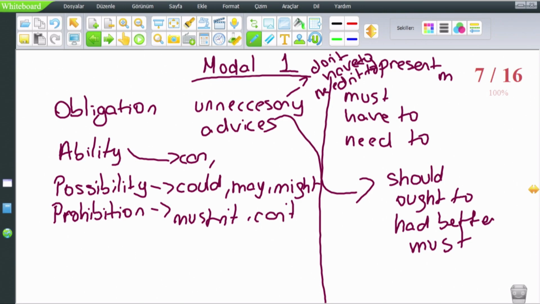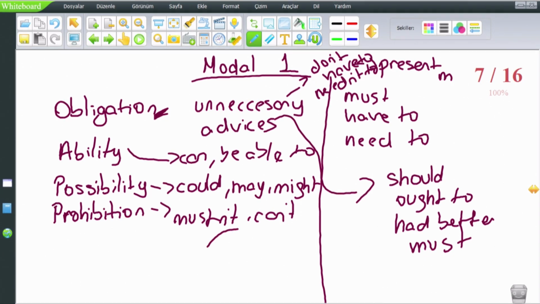Then we talked about modals. Modal 1 consists of present tenses. We have obligation, which we use must, have to, need to. Ability, we can use can, be able to, capable of. Impossibility, we can use could, may, might.